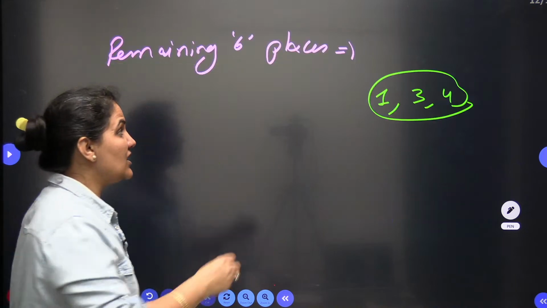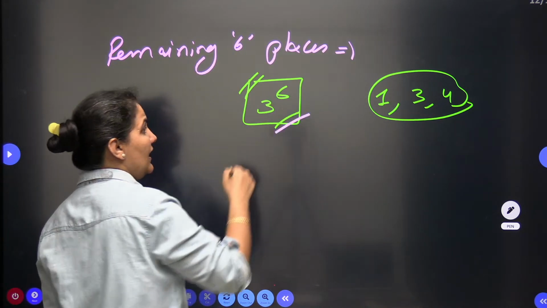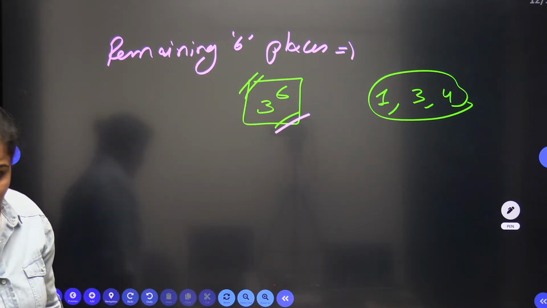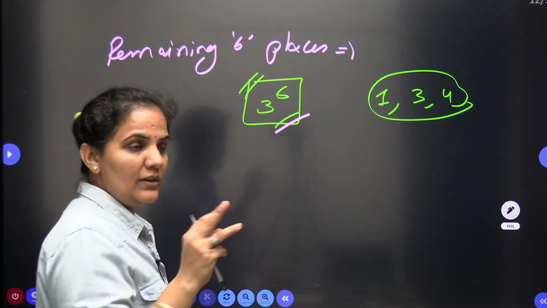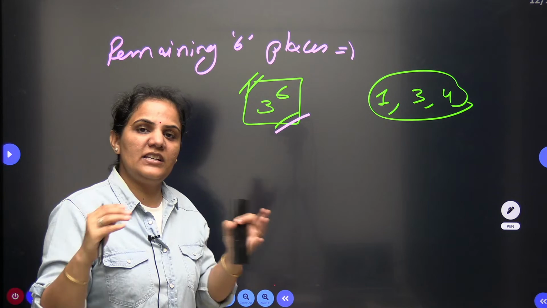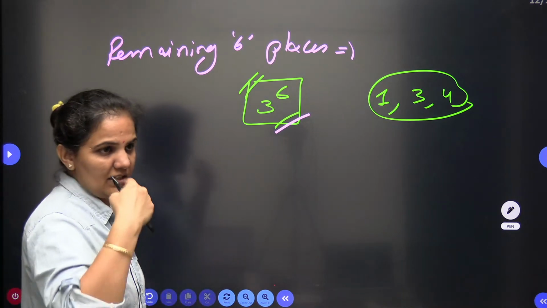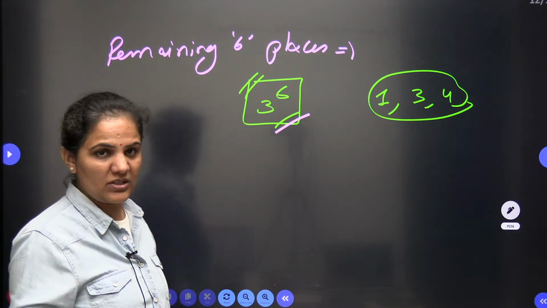So it will be 3 power 6. The arrangement for the remaining 6 places will be 3 power 6. Why? Because now we are having only 3 digits remaining, and we are having 6 places, so it will be 3 power 6. Among these 3, any one is possible.